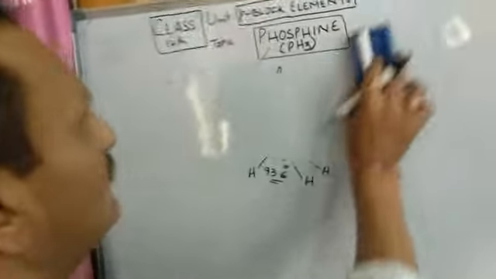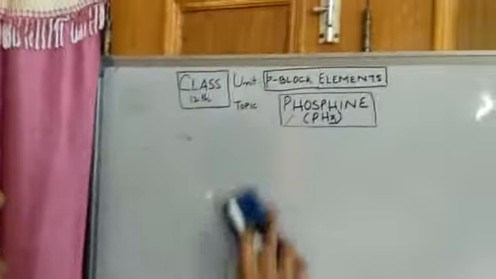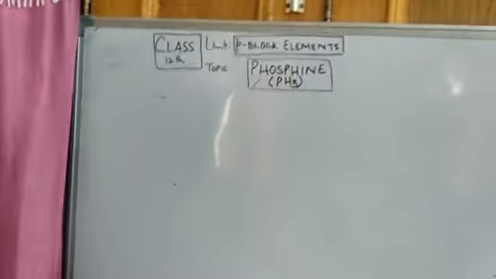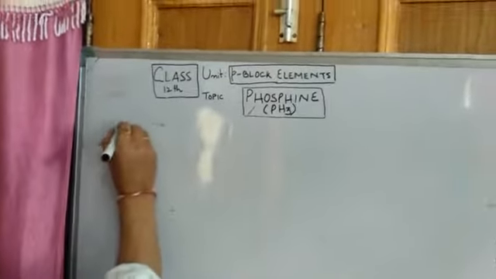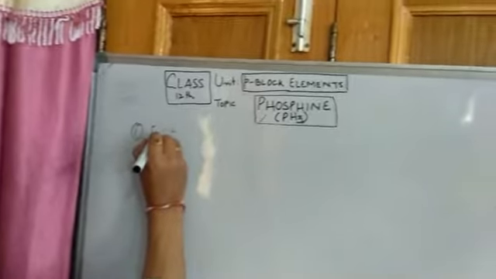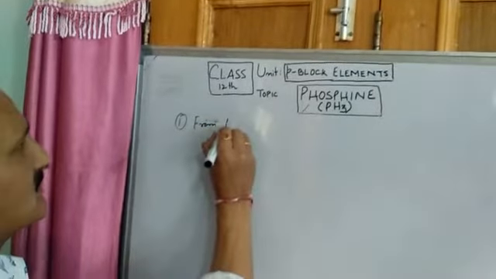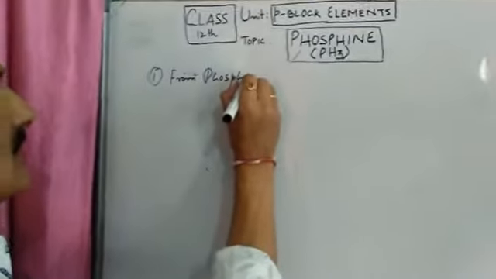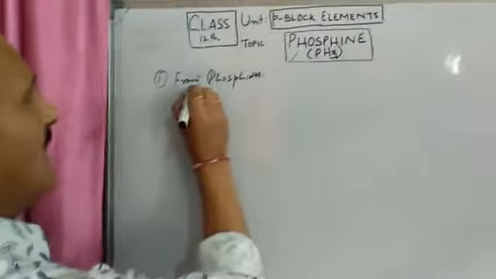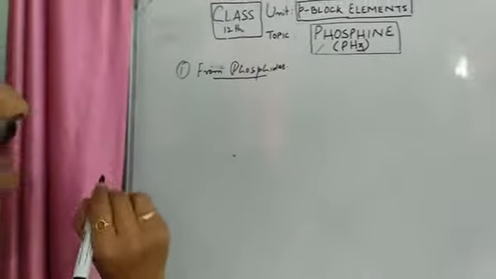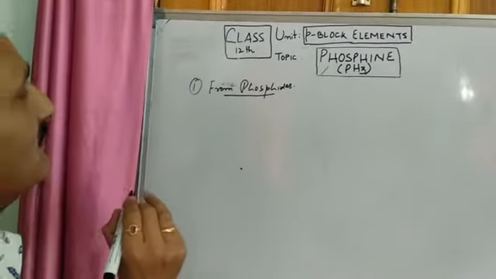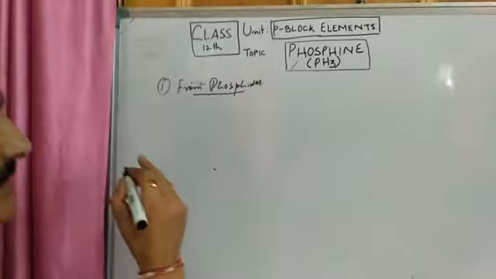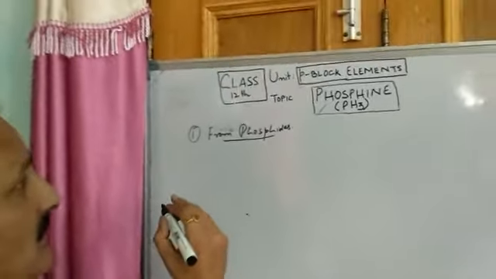Now let us come to its preparation, how it is prepared. It can be prepared from phosphides. Now which phosphides? We can have sodium phosphide, calcium phosphide, even aluminum phosphide. So we have metal phosphides.